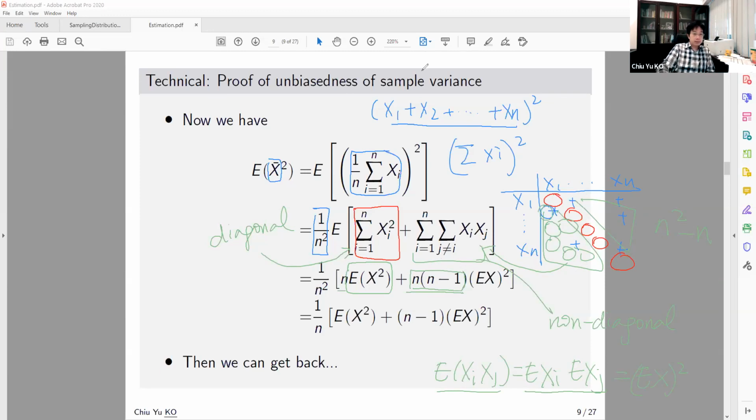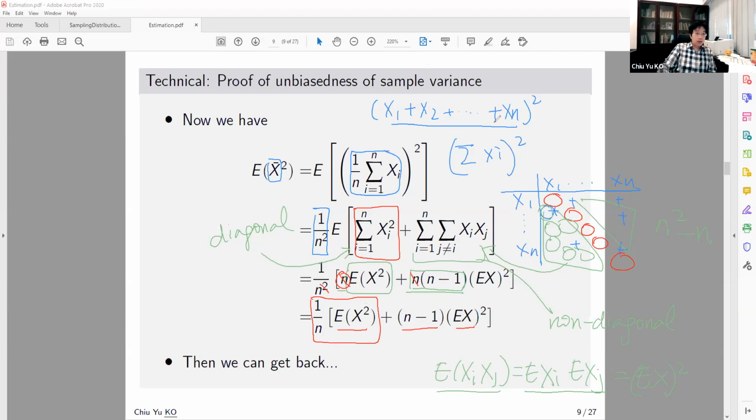And so the n can be cancelled out, so that's what you have: 1 over n times expected x squared, plus n minus 1 over n times the square of the expected x. Do note that these are not the same. This is the expected value of x squared. This is the square of the expected x.